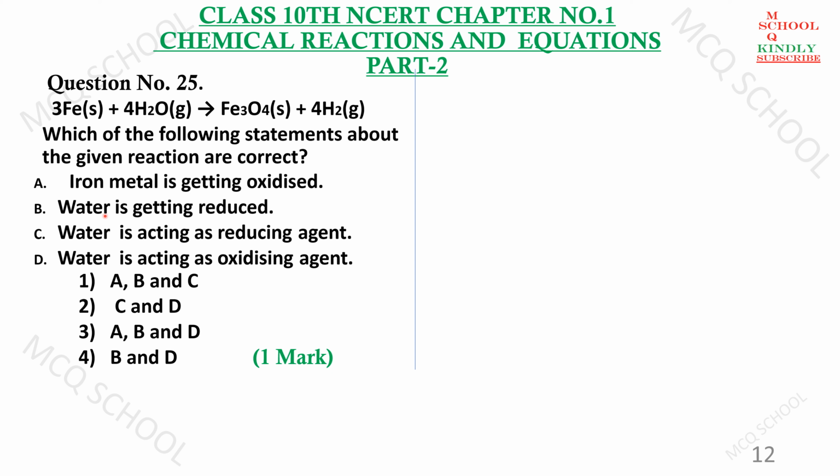B, water is getting reduced. C, water is acting as a reducing agent. D, water is acting as an oxidizing agent. The options in combination are: first, A, B, C; second, C and D; third, A, B, D; fourth, B and D. What is the answer as per you?